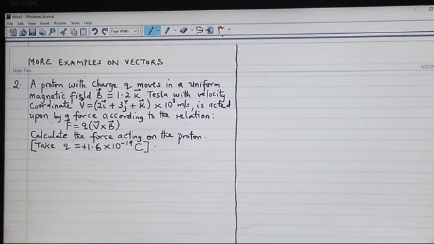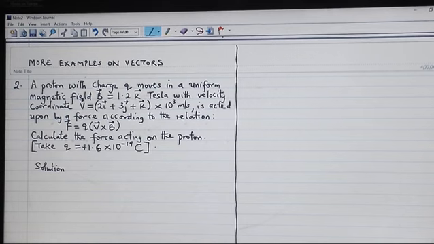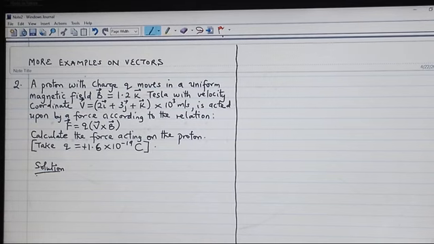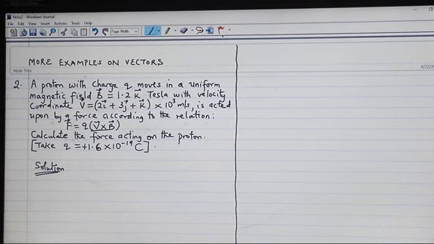How do we do this? It's just simply cross product. So we take our solution. First and foremost, we are going to evaluate the term inside the brackets.